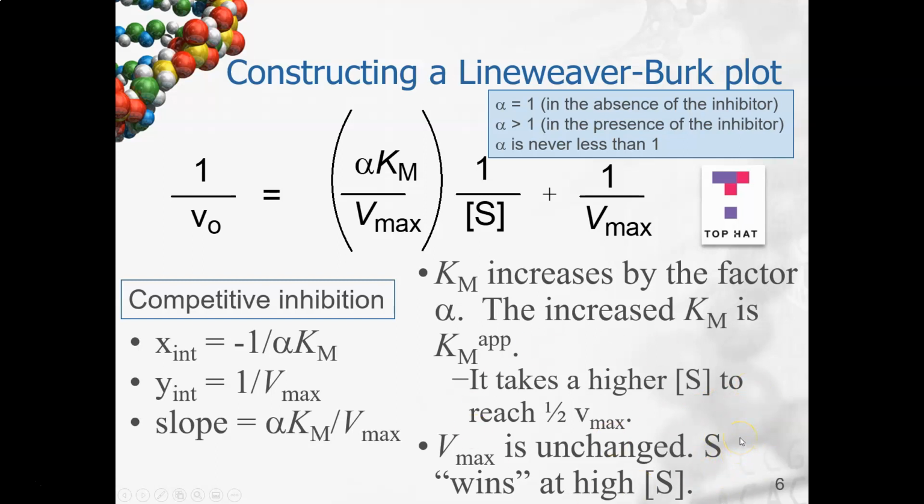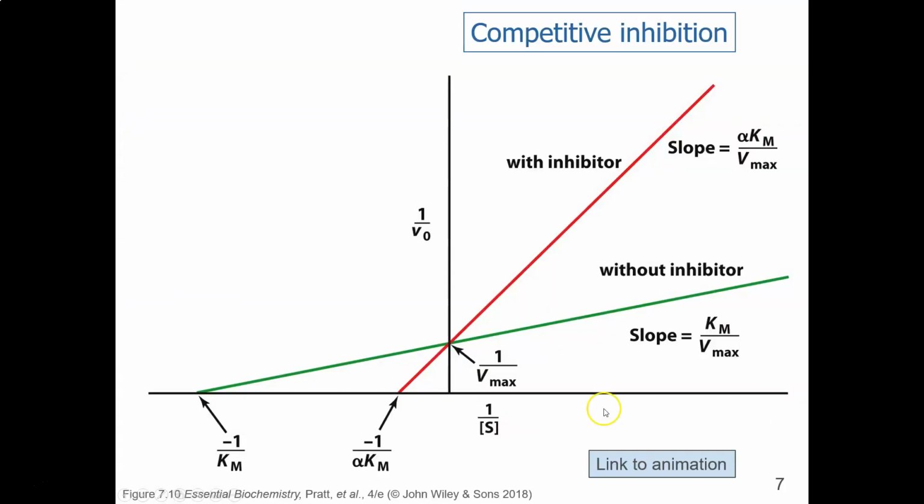But Vmax is unchanged. We can get to the maximal velocity. If we are at a very, very high substrate concentration, then when the substrate and the inhibitor are battling it out for the enzyme's active site, the substrate can win. So this is what our Lineweaver-Burk plot looks like, and there's an animation on the Wiley website that we can look at.